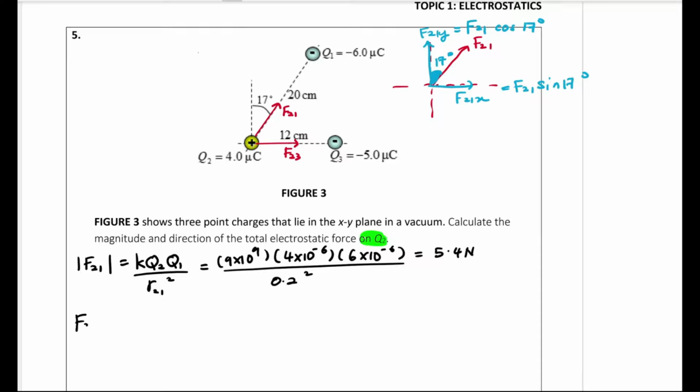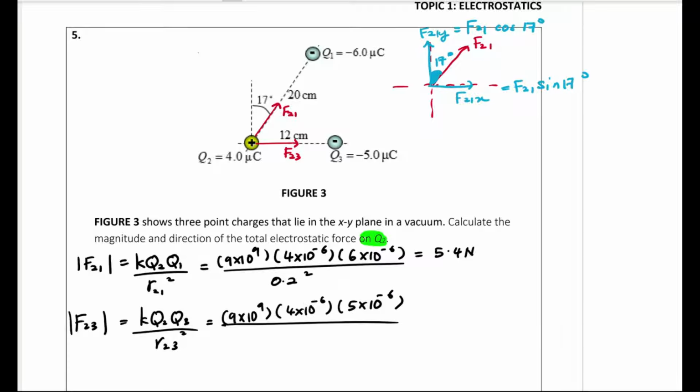So there are only 2 types of force. So Q2 is 4. Q3 is 5, don't put the negative. And the distance R23, between 2 and 3, is 12 cm, which is 0.12 squared.